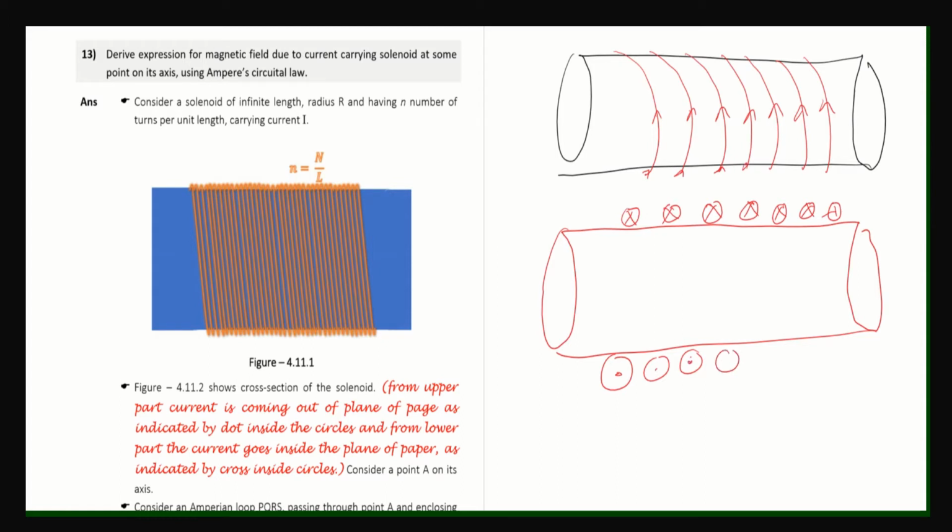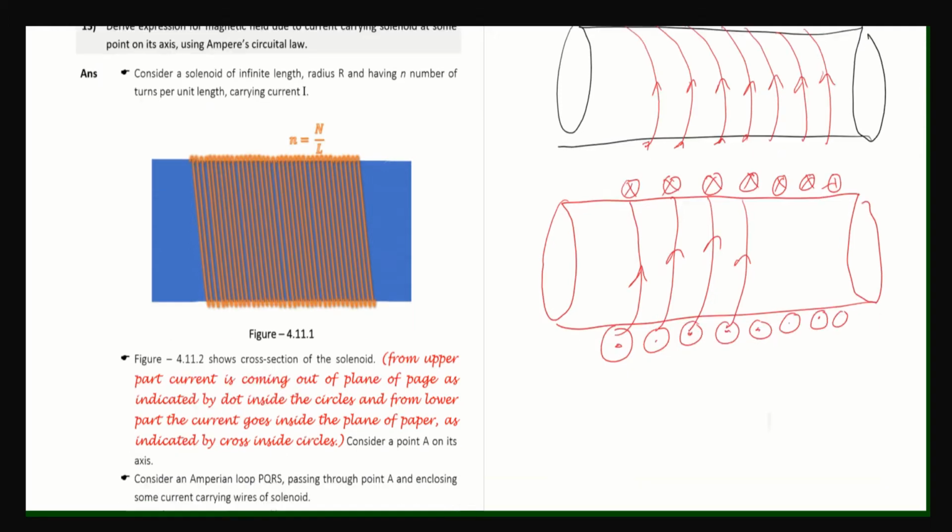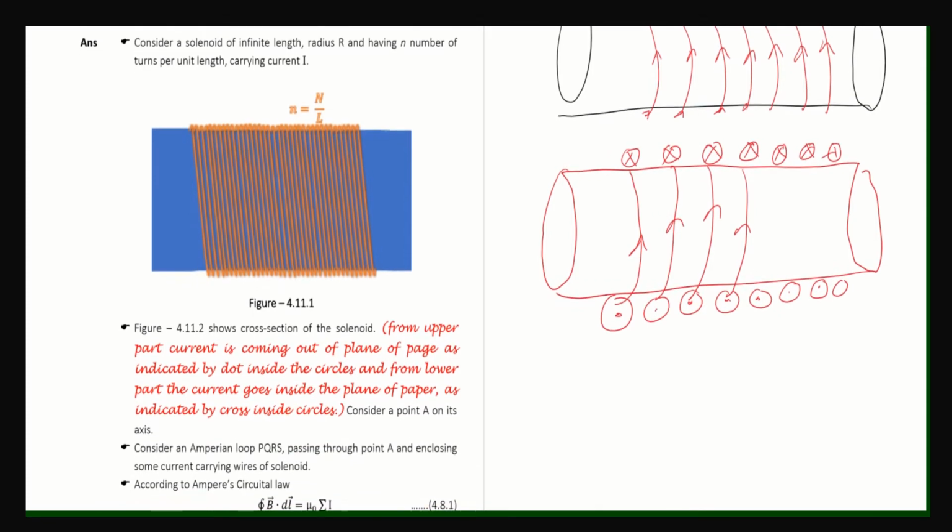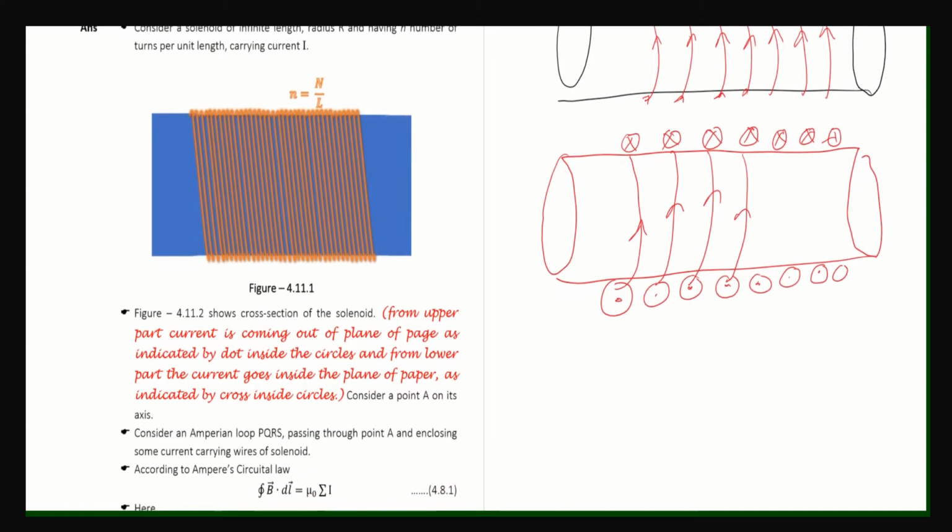So this indicates that current is going from bottom to top. In one of the figures we will not be showing the wire, instead we will show dot and cross. So understand that dot indicates that current is coming out, and cross shows that current is going in.